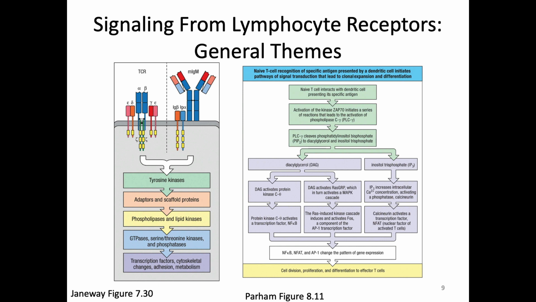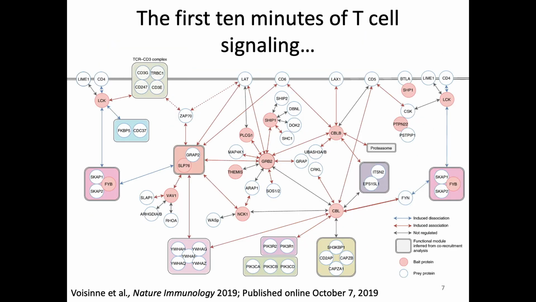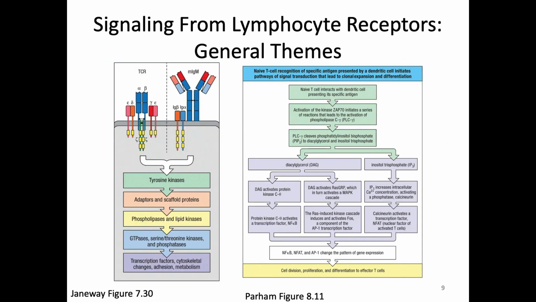So we could think about all sorts of stuff going on with signal transduction. But one of the things that I think is really important when we think about all of the things that are going to happen with T cell receptor signaling is to think a little bit about the goal. What are we trying to make this T cell do? What is the end goal of the signaling that we're going to talk about?